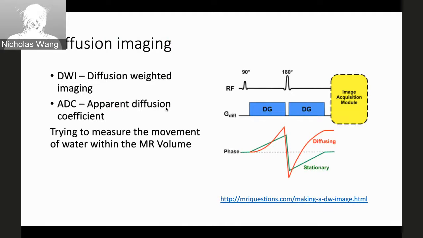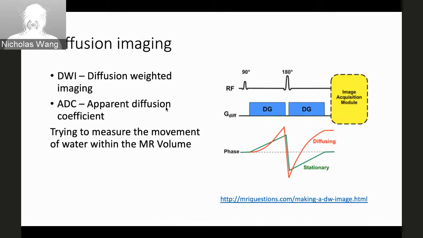But if the water has moved between these two time periods, particularly in a particular direction, you'll see a difference in the signal after these two paired gradients.